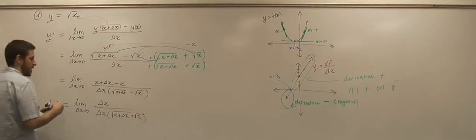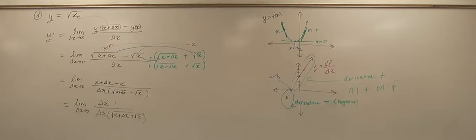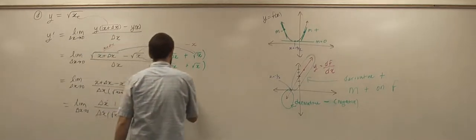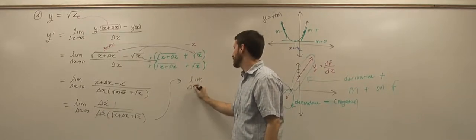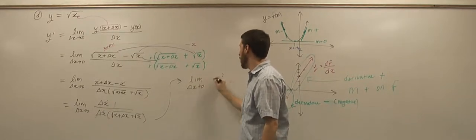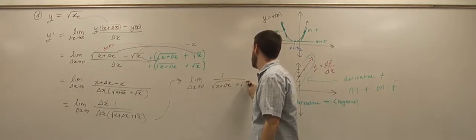So this leaves you with a 1 on top. So you have to calculate the limit as delta x goes to 0 of 1 over root x plus delta x plus root x.